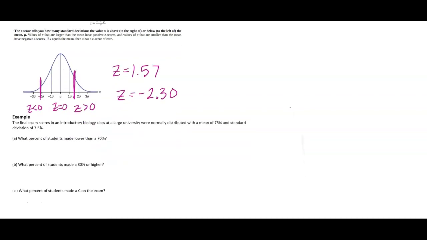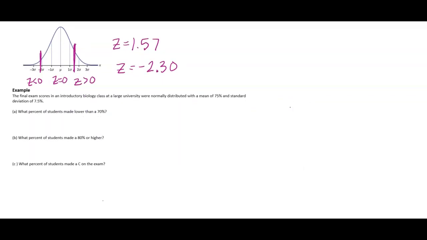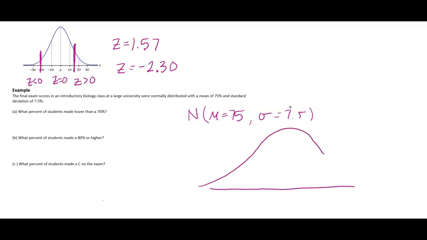So we're going to use our same example that we did with the biology class. The biology class has scores that are normally distributed with a mean of 75 and a standard deviation of 7.5. All right, the distribution looks the same.